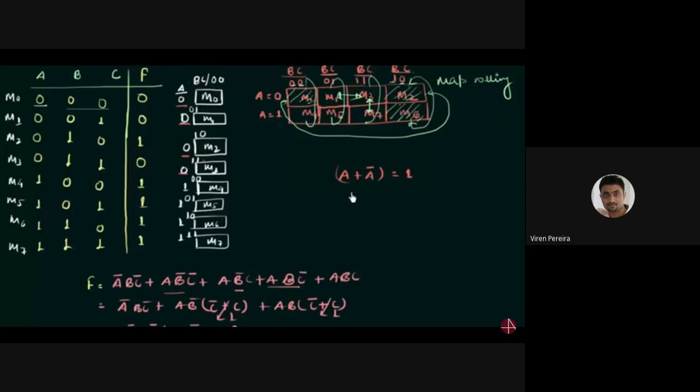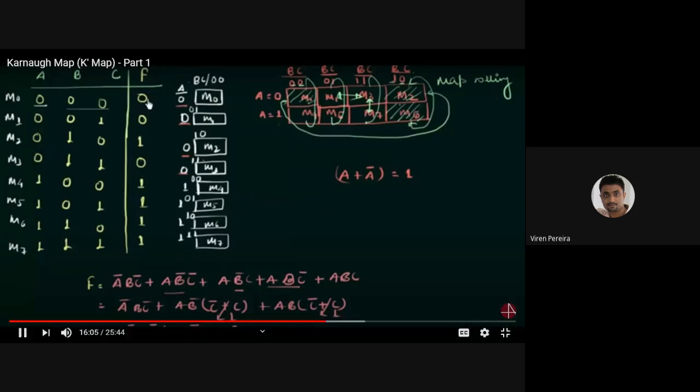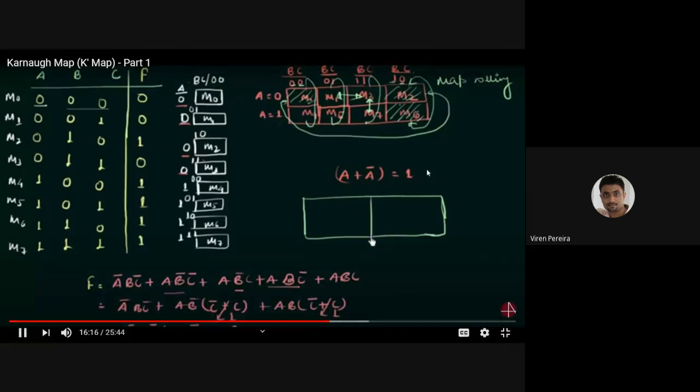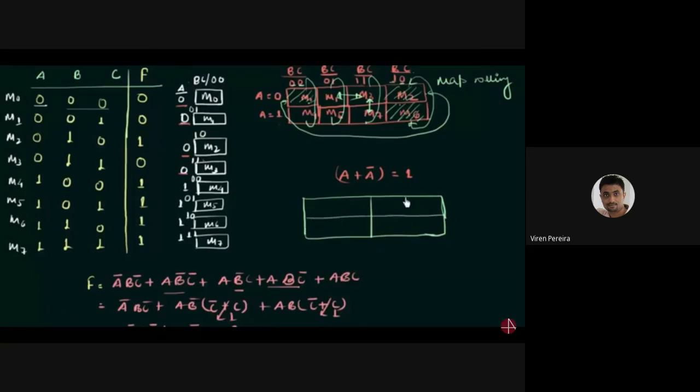Now we will see why we do this, and we will see the reason by using this example. So let me make a K-map for 3 variables, and as you can see, in case of 3 variables we have 8 cells. First you make 8 cells, then you make a line here.